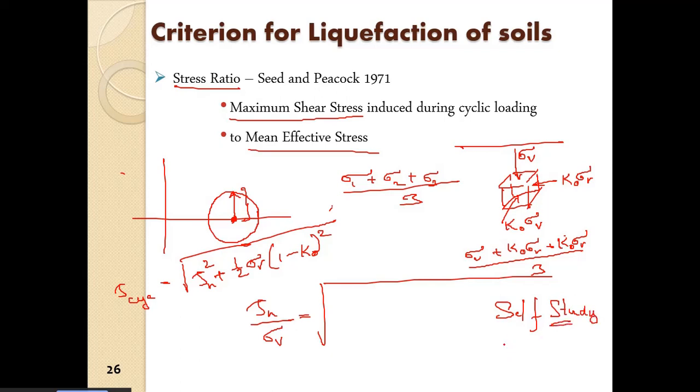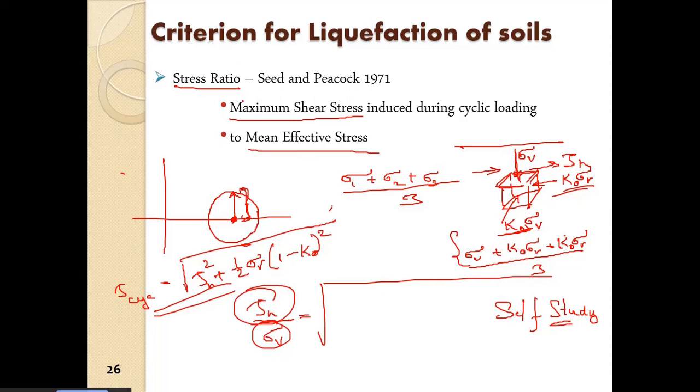This is the basic criteria. We have a tau cyclic, which is the maximum cyclic stress, and this is tau h, the shear stress induced in the element, and we have sigma v and k naught sigma v in the two horizontal directions. So we have the mean stress and the shear stress, and ultimately we have to find out the ratio of shear stress to the vertical stress.